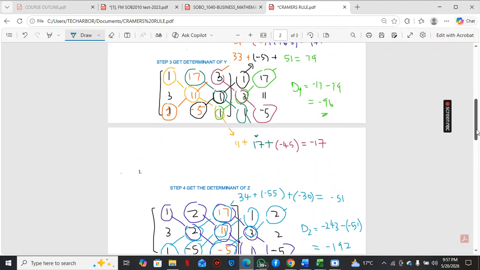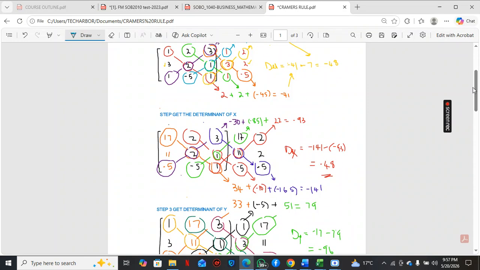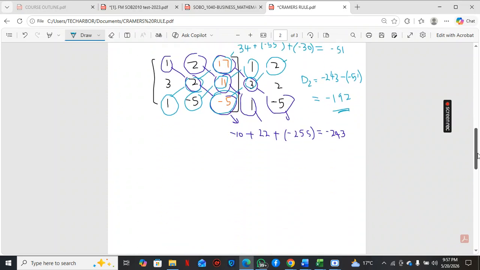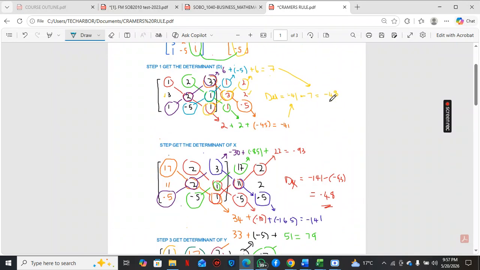Right. Now that we're done with getting all the determinants, we are now able to get the values of x, y, and z. Okay, so we can call this step 5. Get the values of x and y and z. So to get the value of x, it's going to be dx, the determinant of x, over the overall determinant d. Remember, our overall determinant is negative 48.